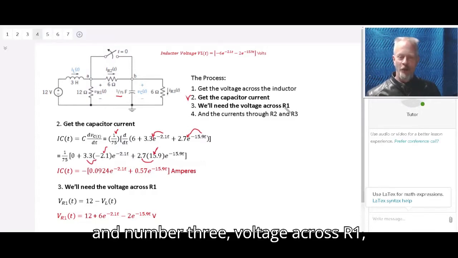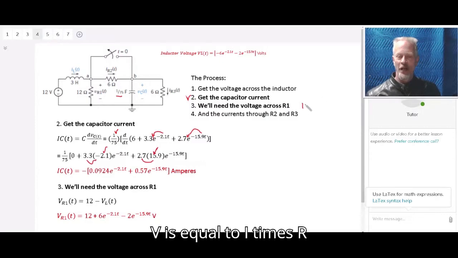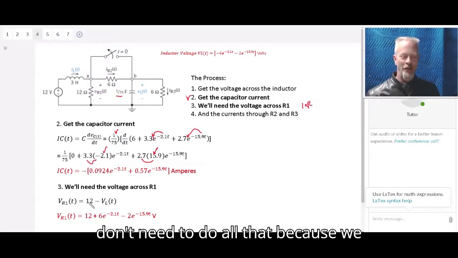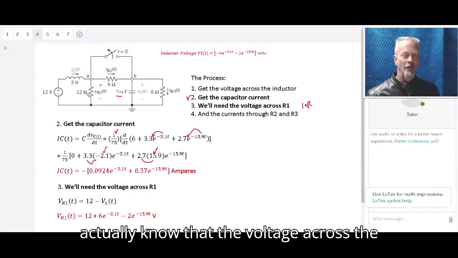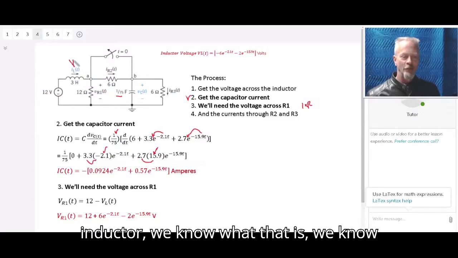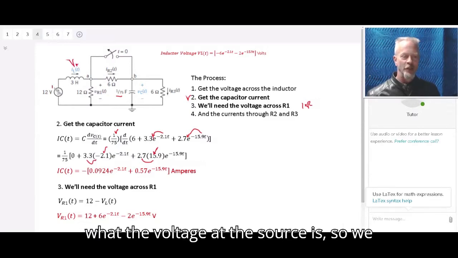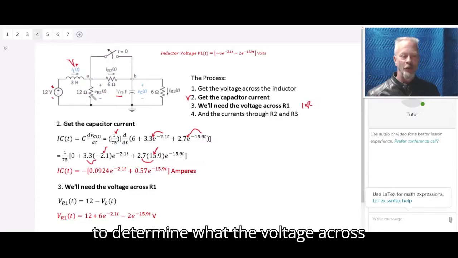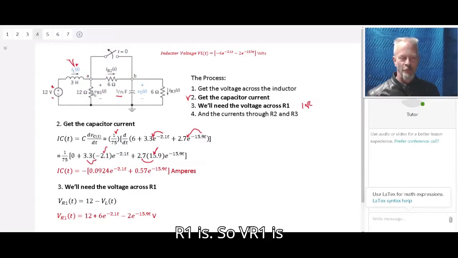And number 3, voltage across R1, V is equal to I times R via Ohm's law. We probably don't need to do all that because we actually know the voltage across the inductor, and we know what the voltage at the source is. So we can simply use Kirchhoff's voltage law to determine what the voltage across R1 is.